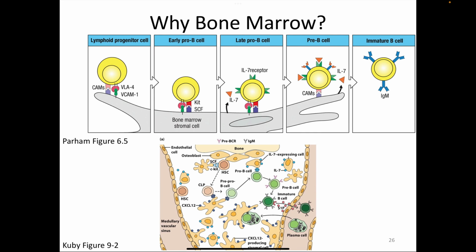So again, we're going to imagine it at least as the clean room, at least for now. So, imagine the lack of antigen. But then there's a second thing that's really important about the bone marrow. And to make this second thing really clear, I want to tell you about developing lymphocytes in general.